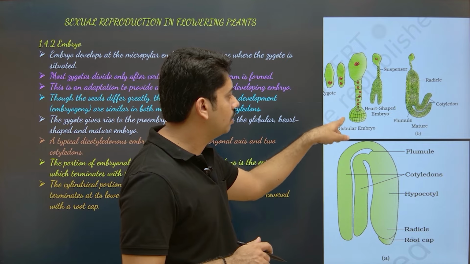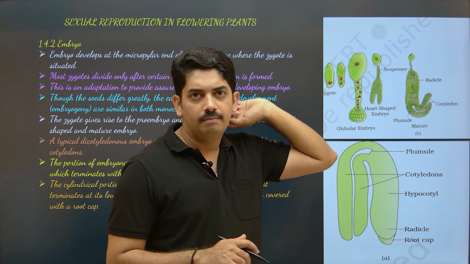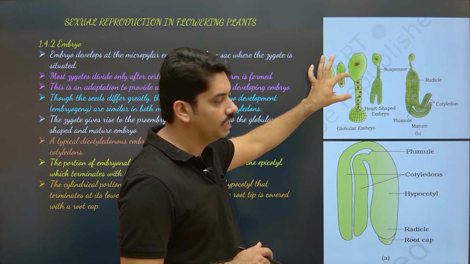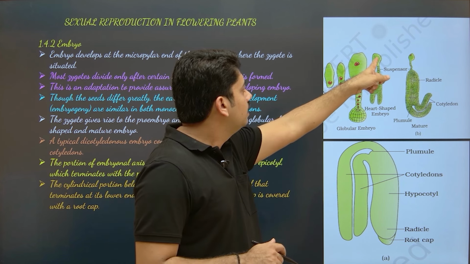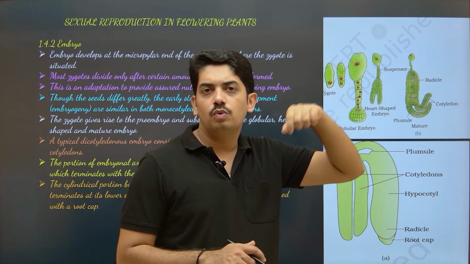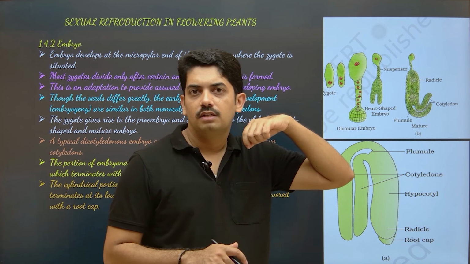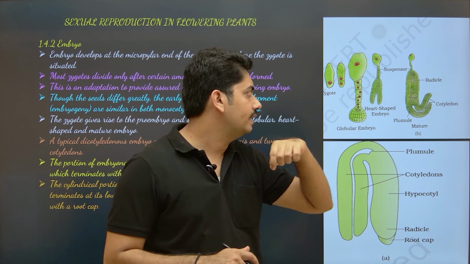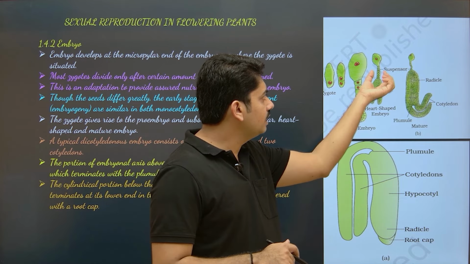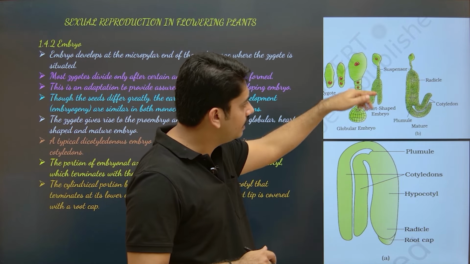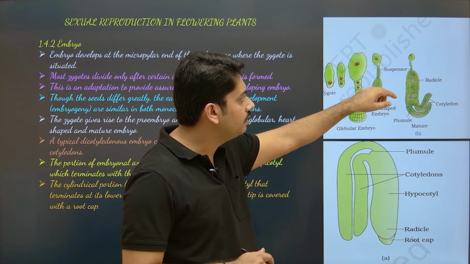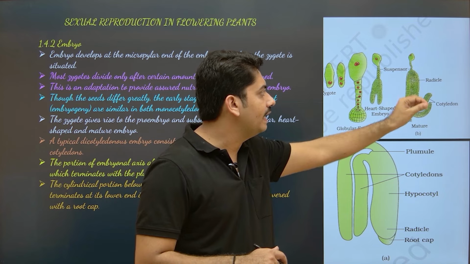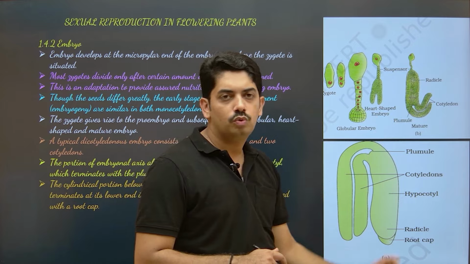So this is the structure of the globular embryo. This is the suspensor actually. This part attaches to the micropylar region. Okay. Now at the end, you can see here it is heart shaped, and finally it completely matures and forms the two cotyledons.